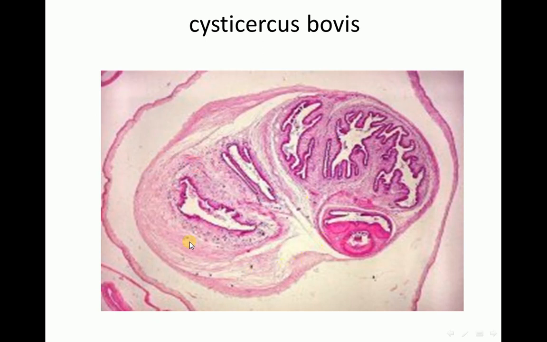This image is cysticercus bovis, a bladder shape filled with fluid, with the scolex region.